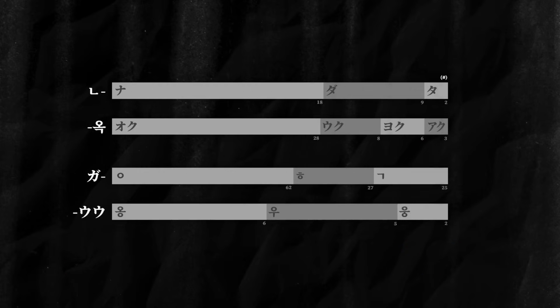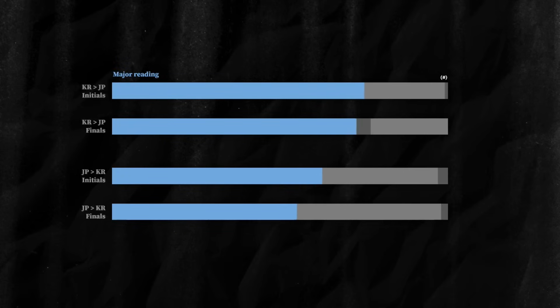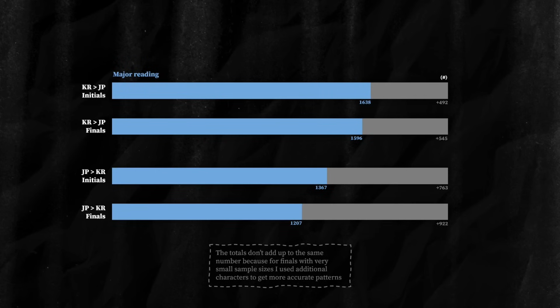For each initial and final in either language, I looked at what it corresponds to in the other language. Usually there's more than one option, but one stands out as the most likely one. Let's call it the major reading. By dividing the number of characters across all major readings by the total number of characters, we can essentially figure out the likelihood that if you pick the most common equivalent for a given reading, you'll be correct.